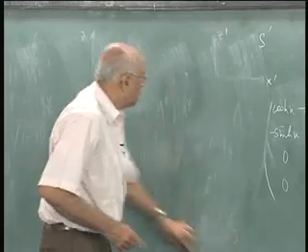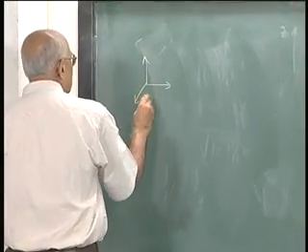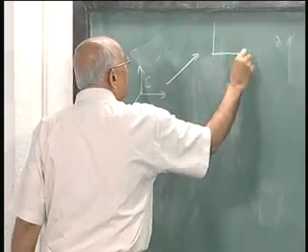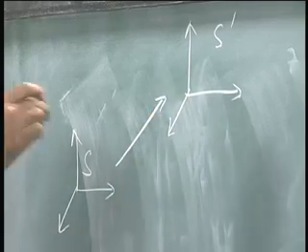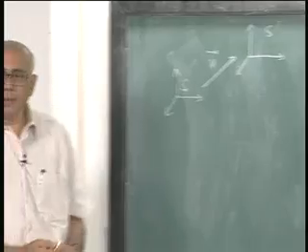So now suppose I have a frame S in this fashion and it is boosted to a frame S prime without a rotation, just boosted in some arbitrary direction, along some arbitrary direction with a magnitude v.